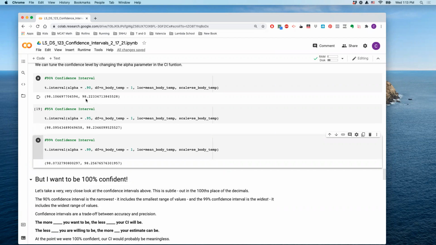So if I took 98.223 and I subtracted off 98.11, and I did the same thing here, and here, what I want to observe is which of these three confidence intervals, 90, 95, or 99, is the widest. So which one is going to have the biggest range, if I take the biggest number and subtract off the smallest number? Which one is going to give me the largest width?